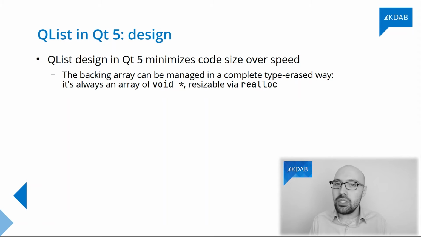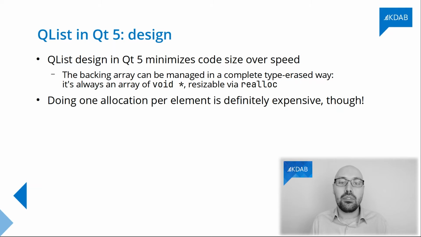It may take a little while to understand that this is true, but it is. And so this means that the entire code that has to deal with the management of that backing array is completely type unaware. It's type erased. And it makes it possible for that code to limit its size in terms of code expansion, because you don't need any specific properties of your type T when you manage that array.